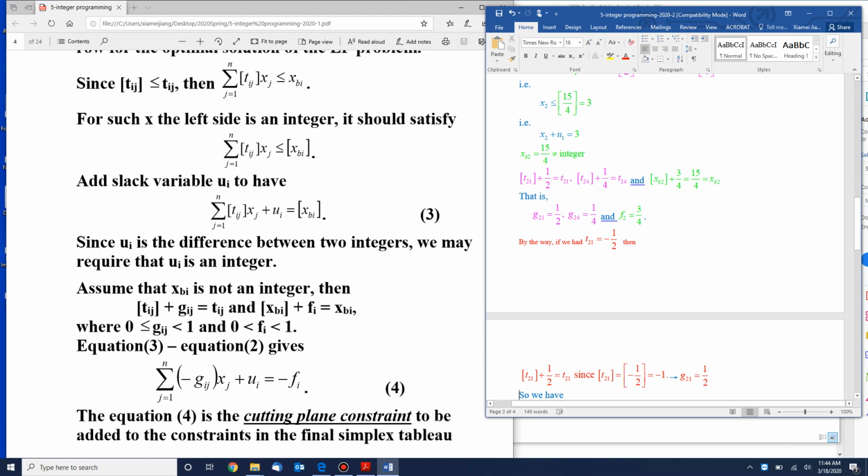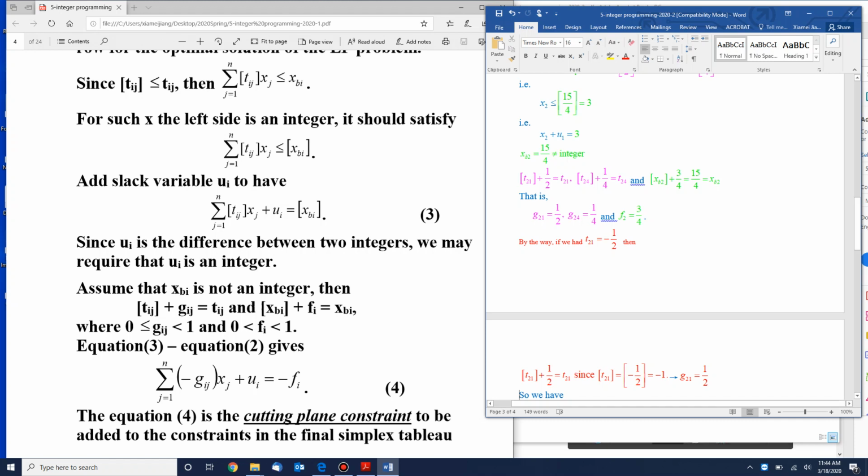Here I have to mention this. Sometimes we might have a negative sign before the variable. So for example, if we had t21 equals minus half, then the largest integer less than t21, that is less than negative half, is minus 1.